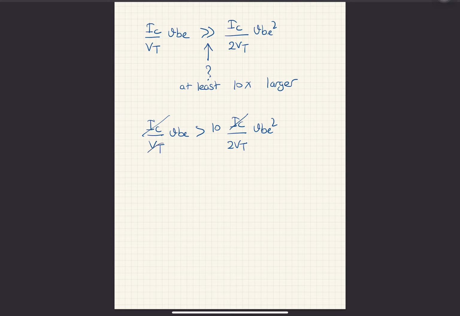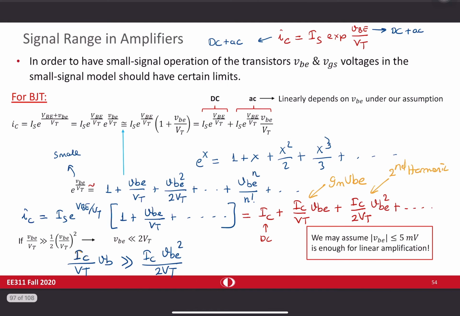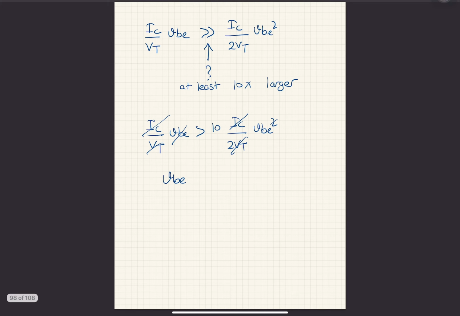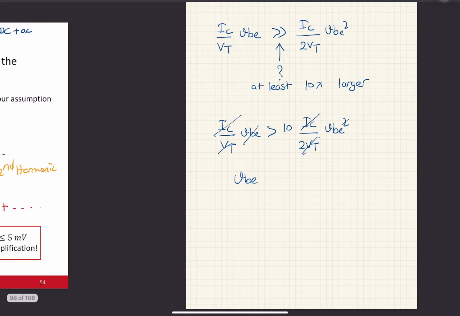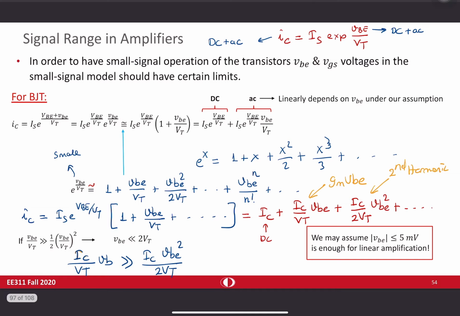These are going to cancel, and VBE should be... and there should be a square in here. Sorry for that. Did I make a mistake? Yeah, this should be squared as well.